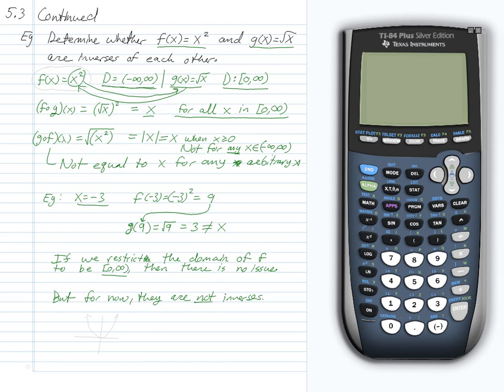Now, thinking about what it means for a function to have an inverse, we could have identified that there was going to be trouble right away when we think of f of x. That function is not one-to-one. So asking if some other function is its inverse, we should be able to immediately say, probably not, because this function doesn't have an inverse function.